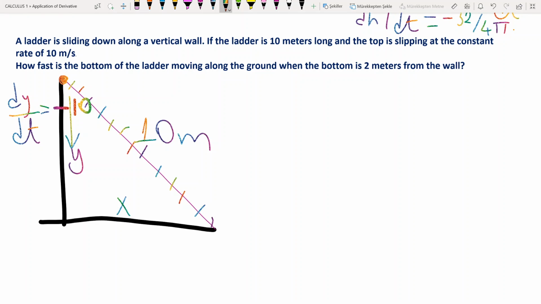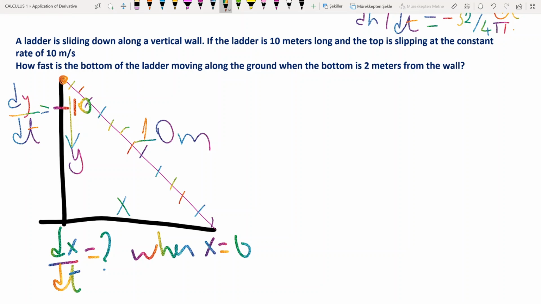So it is requested to find dx over dt when x is equal to 6 meters.